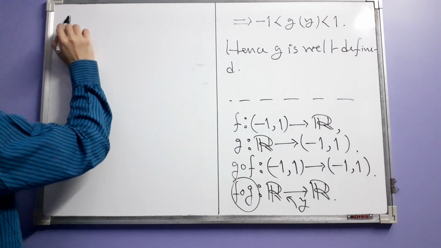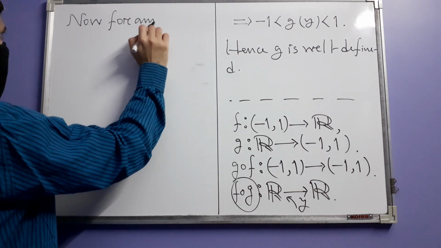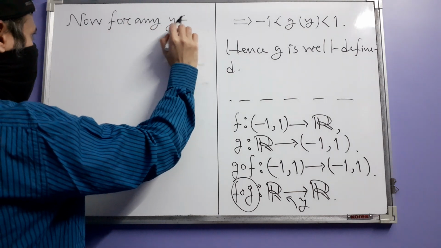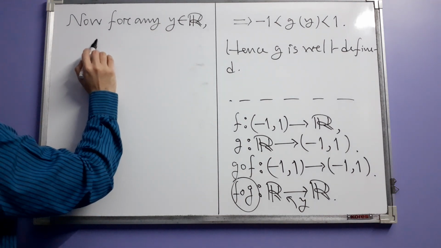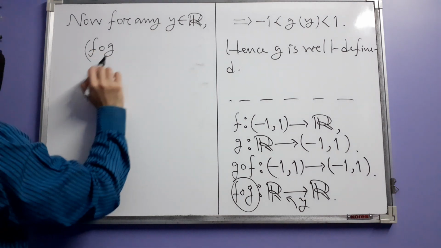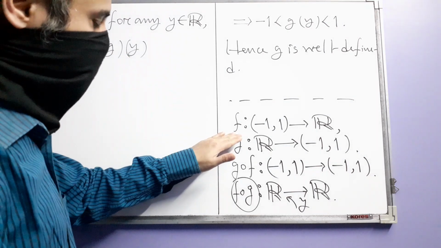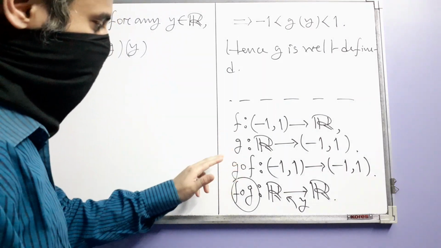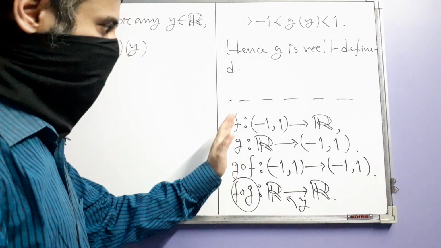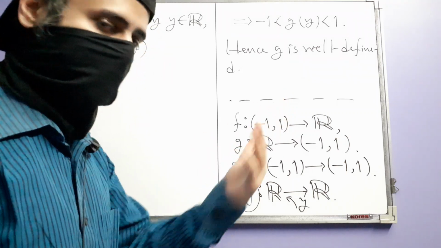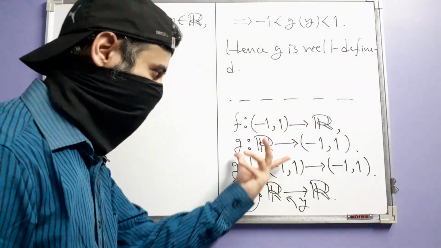Okay, now for any y belonging to R, we are now going to calculate this. If you are a little confused about what type of functions these compositions are, wherever you are doing these calculations, alongside in a small space, you write like this.